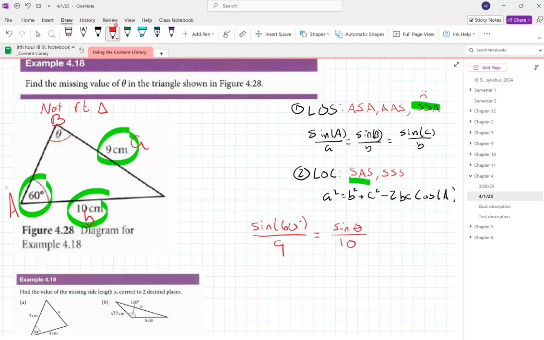The side opposite the angle needs to be named the same as the angle, and the convention we typically use is upper and lowercase. So we do a little bit of algebra. Do you guys need to see the algebra here to get theta by itself? Cross multiply, divide by 9, and do sine inverse?